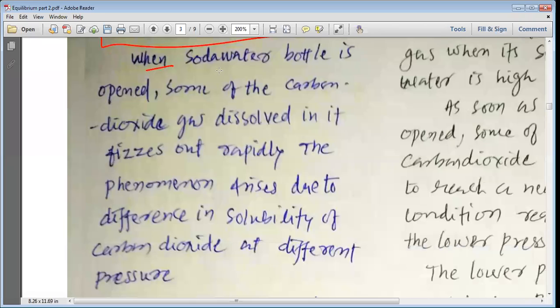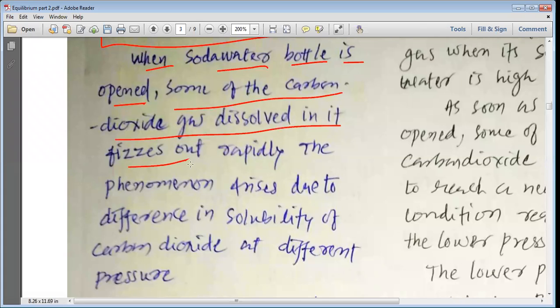When a soda water bottle is opened, some of the carbon dioxide gas dissolved in it fizzes out. Fizzes out means it comes out by making some sound, and as this sound is produced, we call it fizzing out. So the gas dissolved in the soda comes out rapidly.